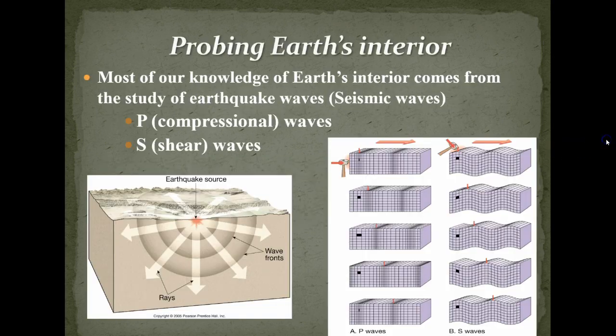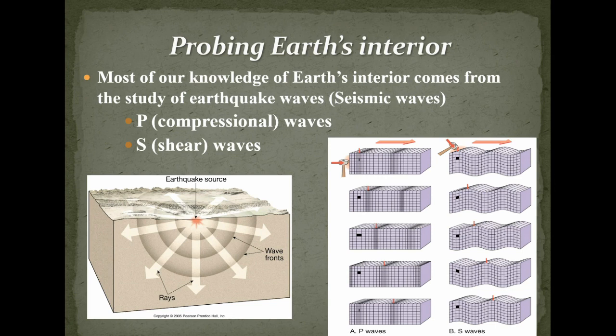Before we start talking about what's in the earth, let's talk about how we know what we're about to talk about, the source of our information. We understand the interior of our earth by looking at waves that happen from earthquakes, and those waves are referred to as seismic waves.